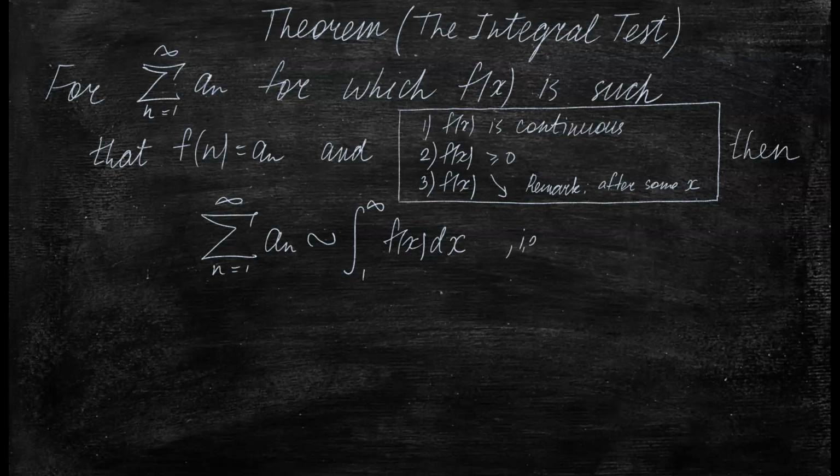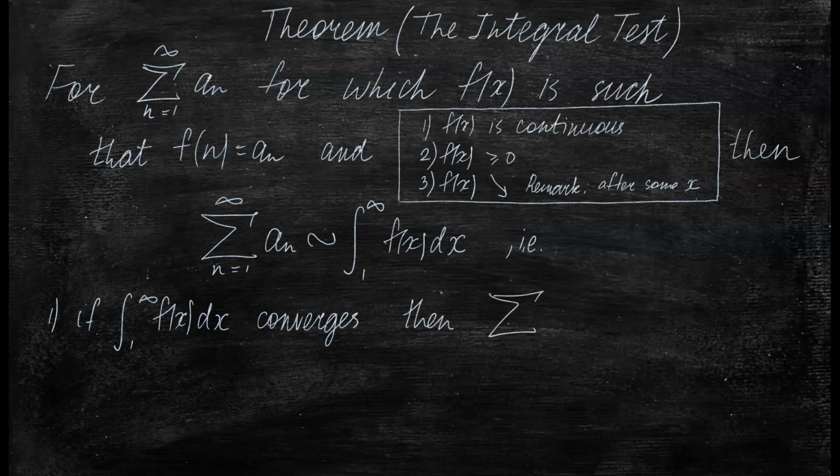So in this case, what does it mean to behave the same? That means if the integral, this improper integral, converges, then the series also converges.